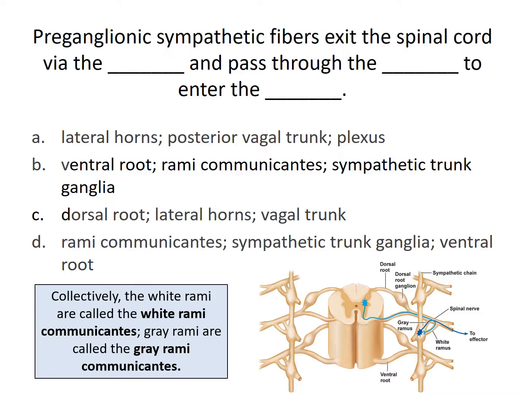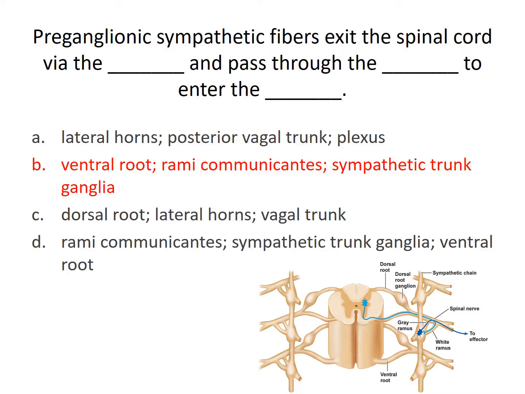Collectively, the white rami are called the white rami communicantes, and the gray rami are called the gray rami communicantes. So preganglionic fibers exit the spinal cord via the ventral root and pass through the white rami communicantes to enter the sympathetic chain ganglia.